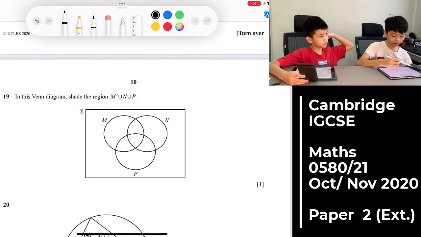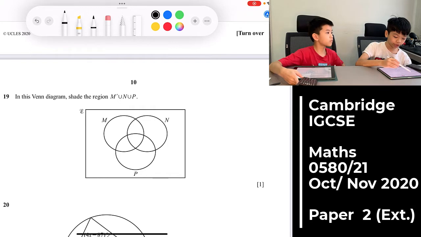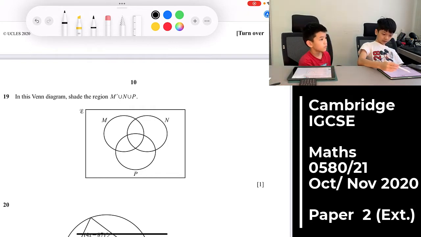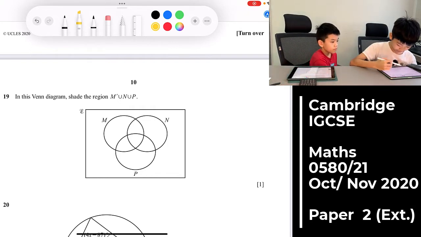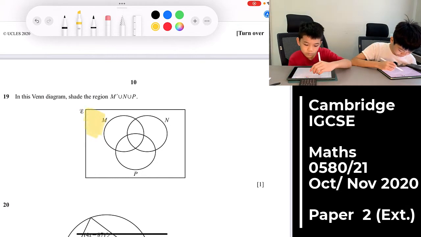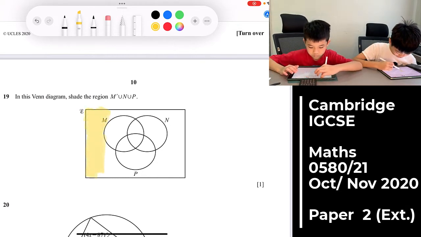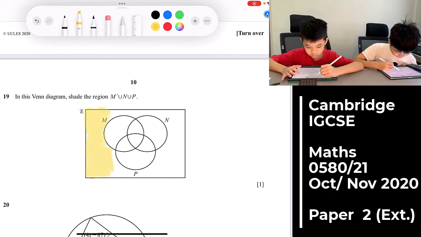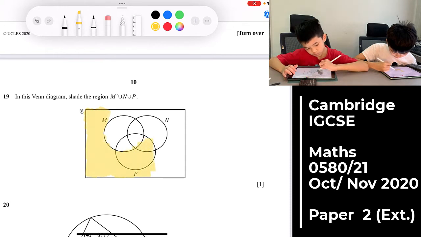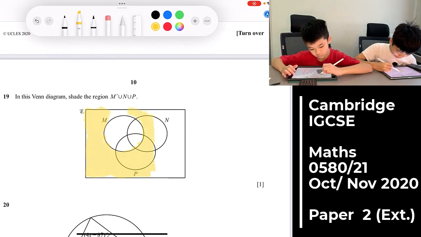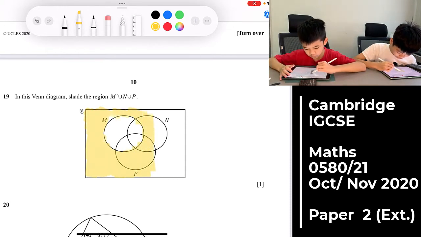Question 19. In this Venn diagram, shade the region P' union N, K union N. So it goes like this.